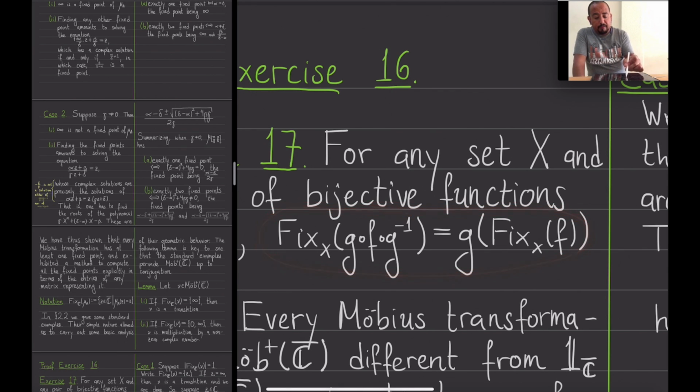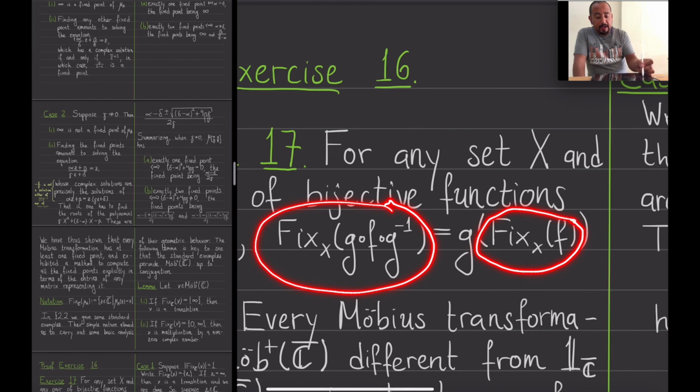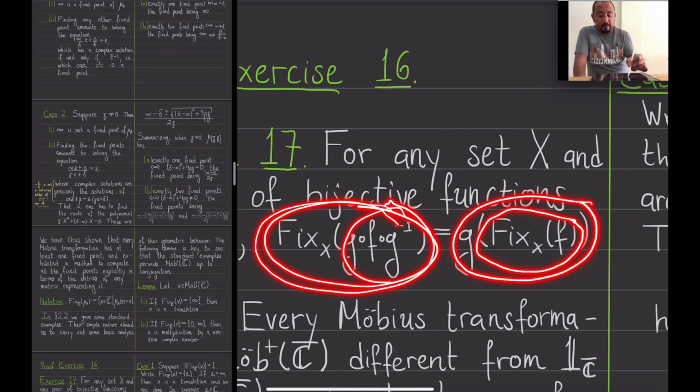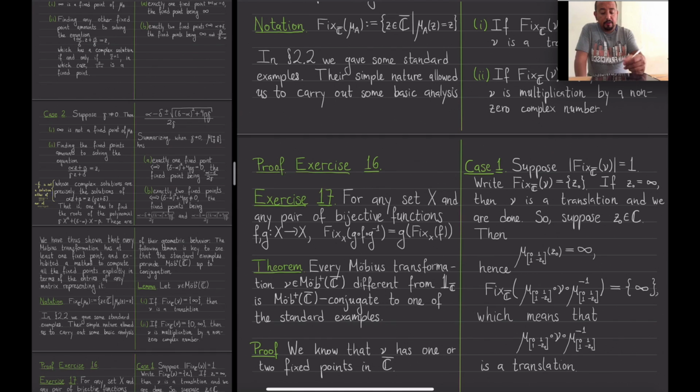You only have to take the fixed points you knew already and apply g to them, and that gives you precisely the fixed points of the conjugate. So in other words, the fixed points of the conjugate by g are g of the old fixed points.